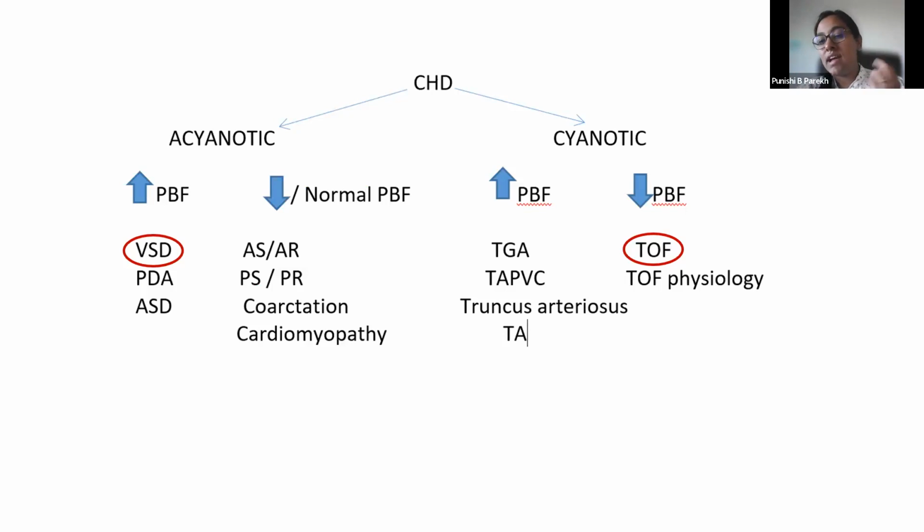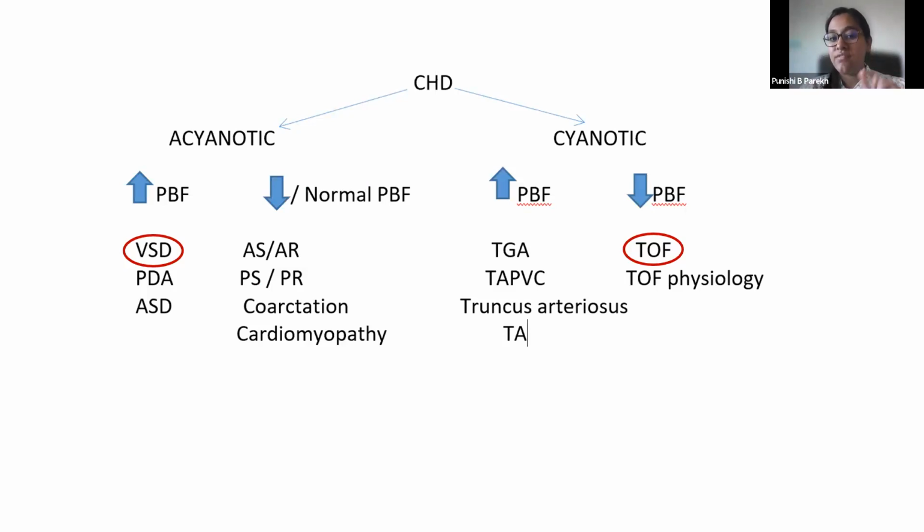Why I didn't mention it under the category of cyanotic is because I was talking about it more in terms of TOF, because that is the most common cyanotic CHD that we encounter. And TOF is an example of a cyanotic CHD with decreased pulmonary blood flow. So here you will see cyanotic spells.